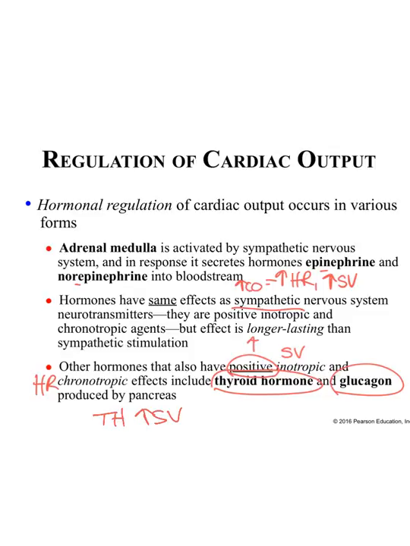Increasing metabolism of cells also is going to help increase the heart rate. Glucagon helps to raise blood sugar. More sugar can be converted to more ATP, so the heart can work harder.